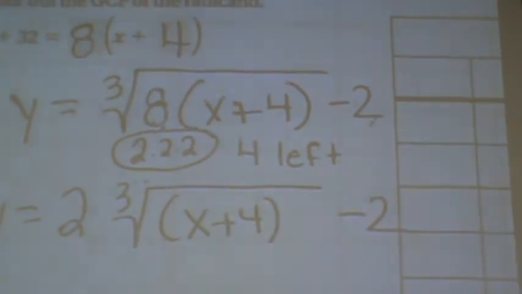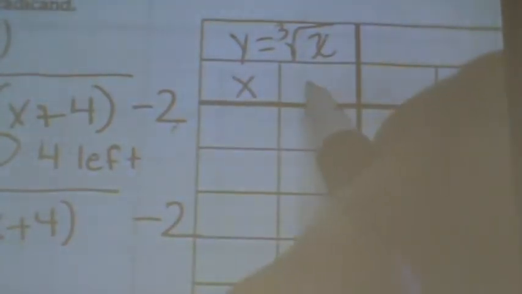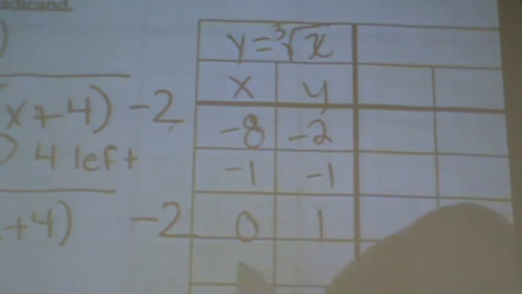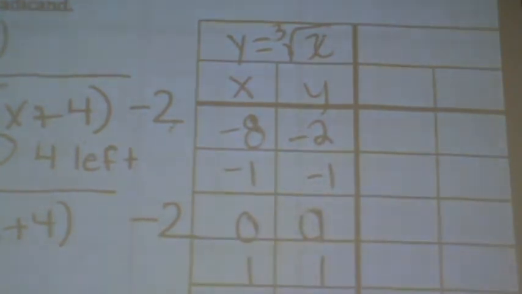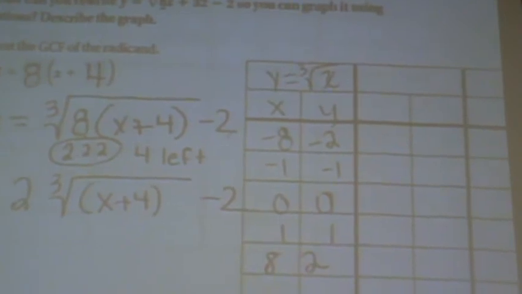So how would we do this problem? Well, you're going to start off by writing the cube root of x. And give me those 5 points. Quickly: -8, -1, 0, 1, 8 for x, and -2, -1, 0, 1, 2 for y. Excellent. Now, what would be the first thing you would do to graph this problem?